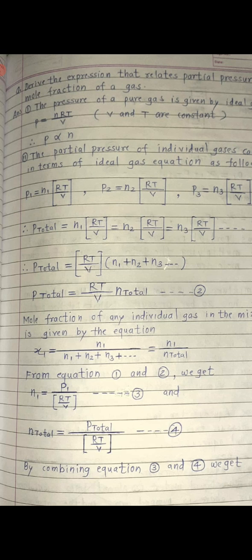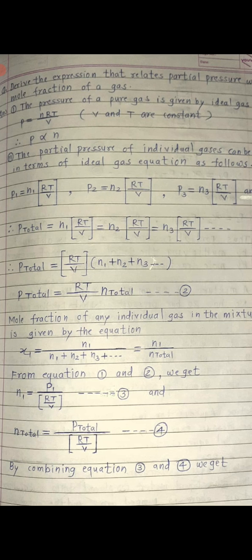Mole fraction of any individual gas: what is mole fraction? It is defined as the ratio of number of moles of any volatile component to the total number of moles of all the components in the solution. This is known as mole fraction.